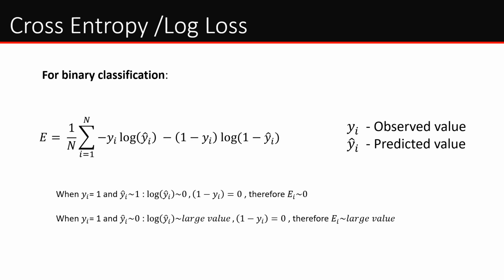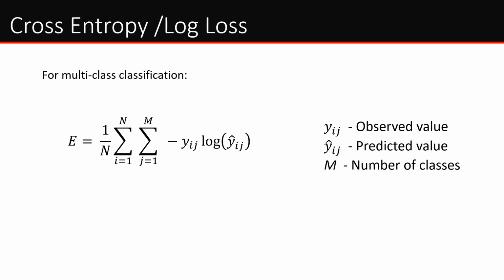You can see when the actual label is 1 and the algorithm predicts a correct value, that is a value closer to 1, the error term becomes 0. If the algorithm makes a wrong prediction, for example, if the label is 1 and prediction is closer to 0, the error term becomes a larger value because log of yi hat is large.